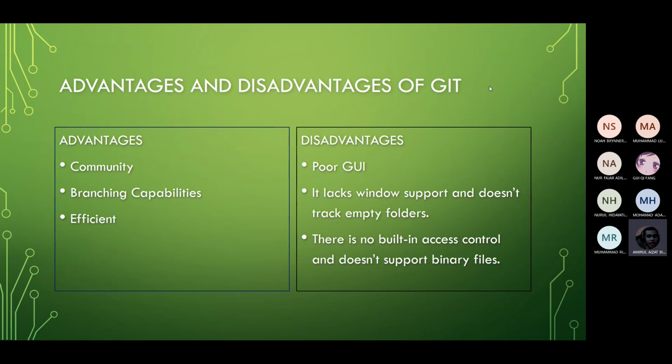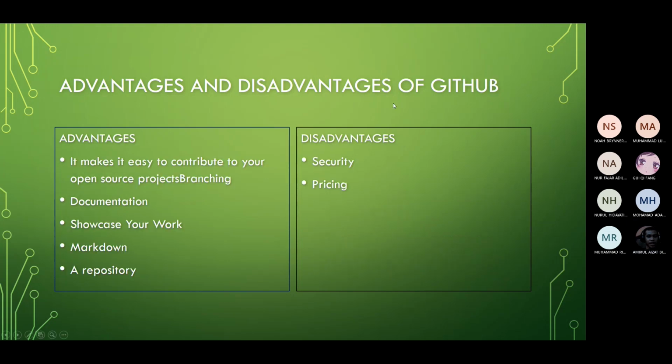So next, the advantages and disadvantages of GitHub. The advantage of GitHub is that it makes it easy to contribute to your open source project.